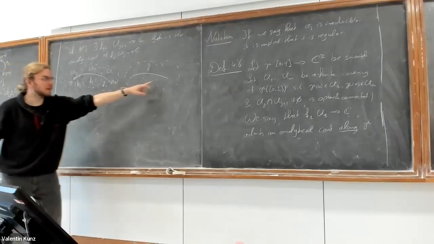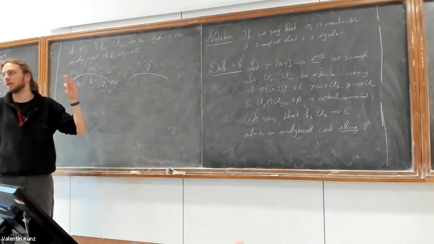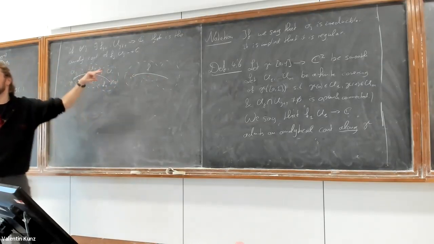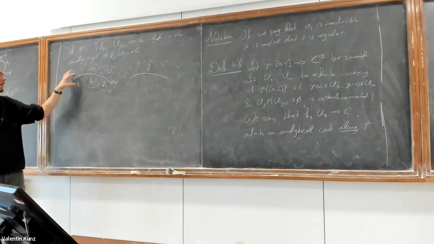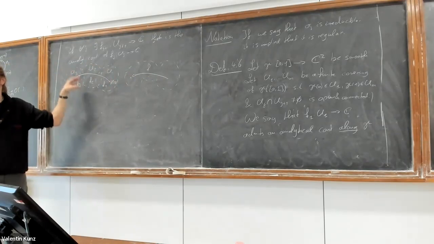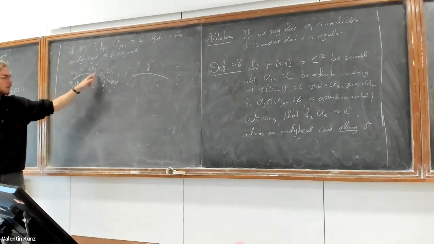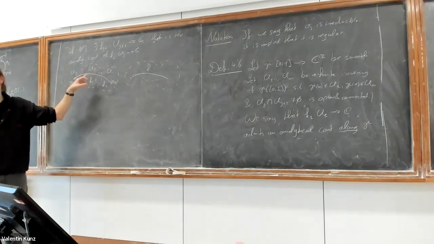The value that it takes at gamma of 0 and gamma of 1 will be independent of the covering, because every covering has to be an open neighborhood of gamma. If I want uniqueness, I can look at the intersections, which will be another covering, itself open. Then I can use uniqueness, so along the path it will be unique.